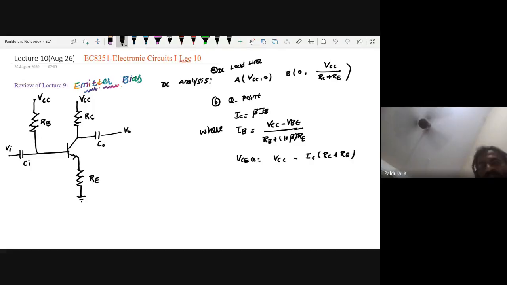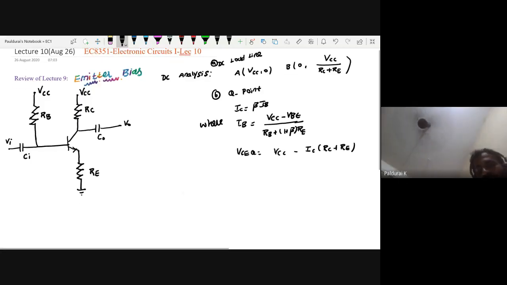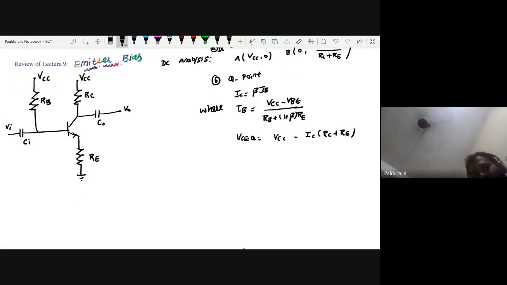After that, how the Q point is maintained is very important. When temperature increases, the three transistor parameters change, the same story. Suppose IC increases. How do we decrease IC?